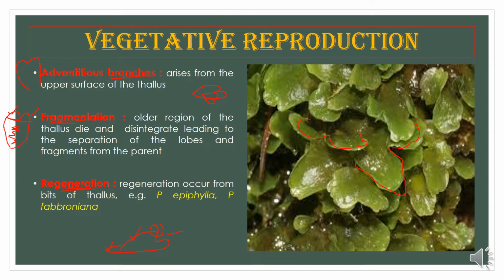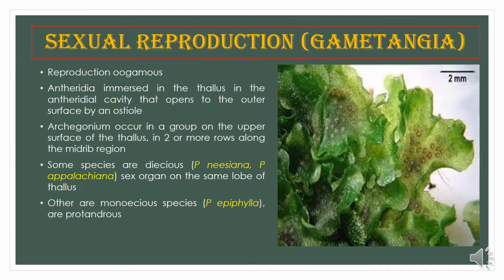For the dioecious species, where the sex organs are born on different plants, the presence of opposite sex plants in the near vicinity is essential for sexual reproduction to be successful. That is why vegetative reproduction is a very common method of reproduction in Pellia.